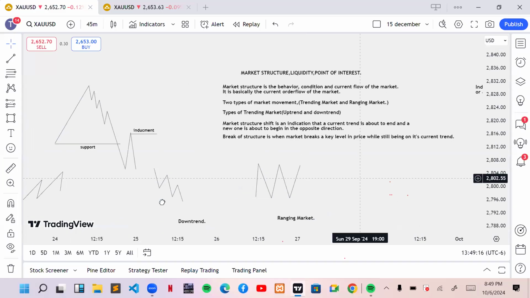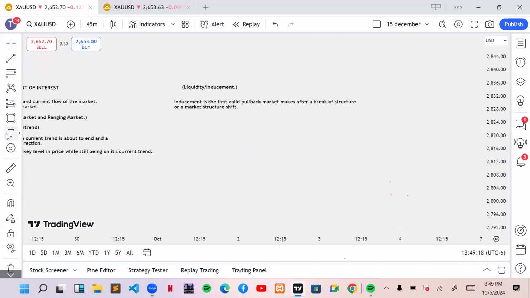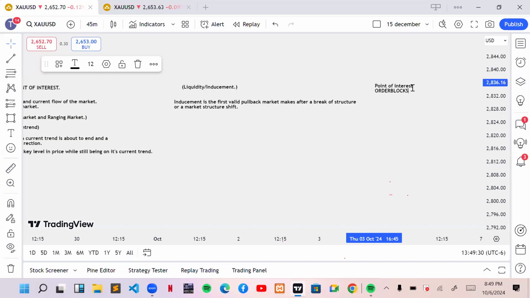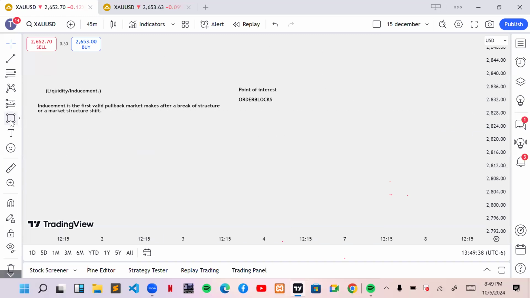So, for point of interest, order blocks. There's the bullish order block and then there's the bearish order block. How do you identify a bullish order block?